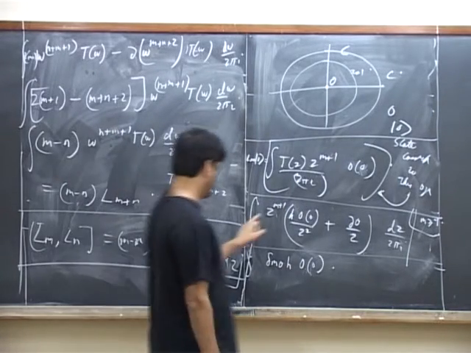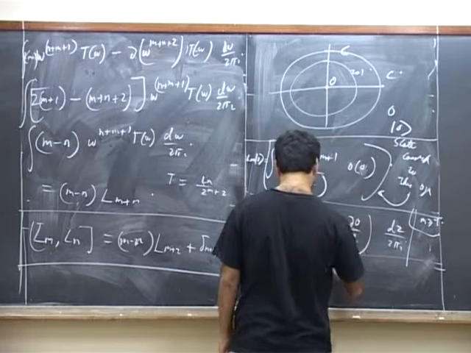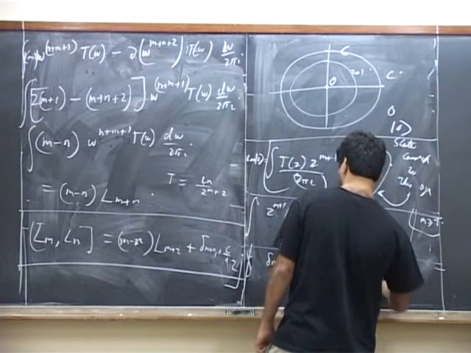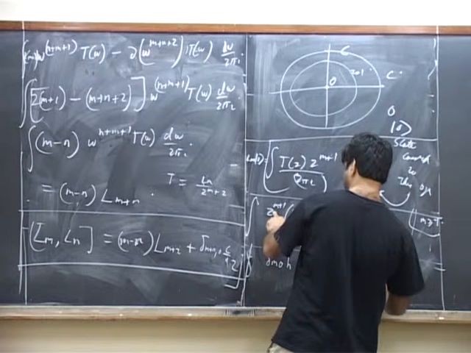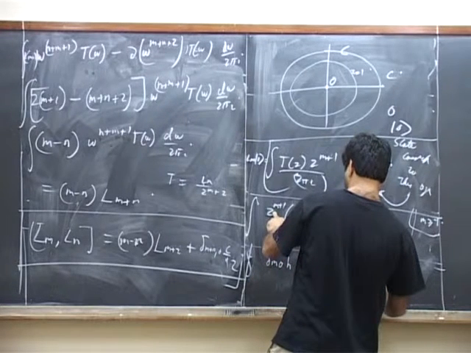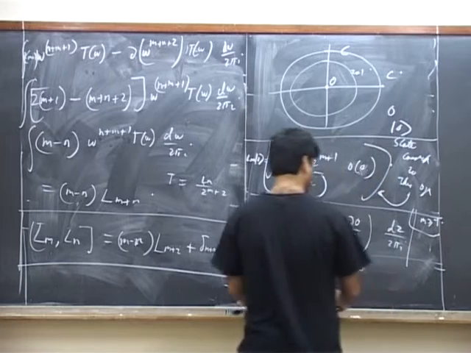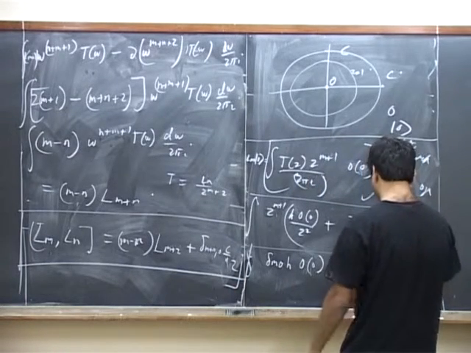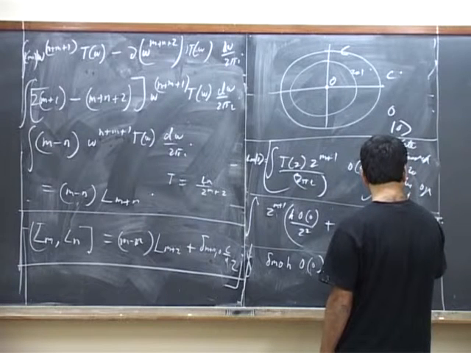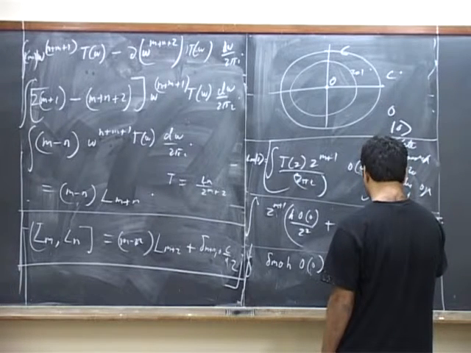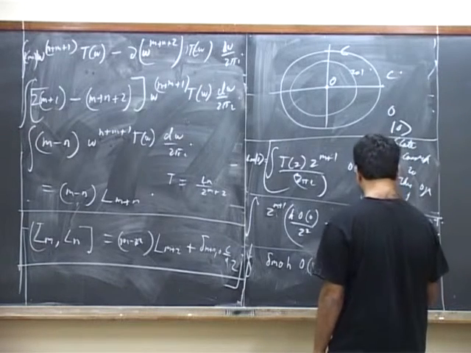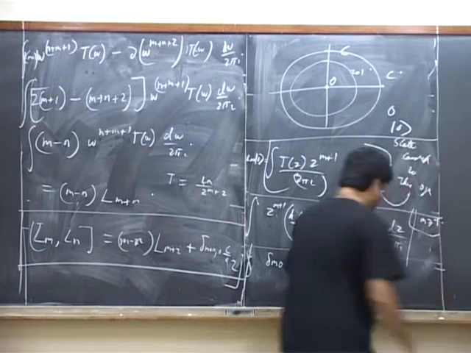This term clicks if n is equal to minus 1. So we get plus ∂O times delta n, minus 1, and that's it.